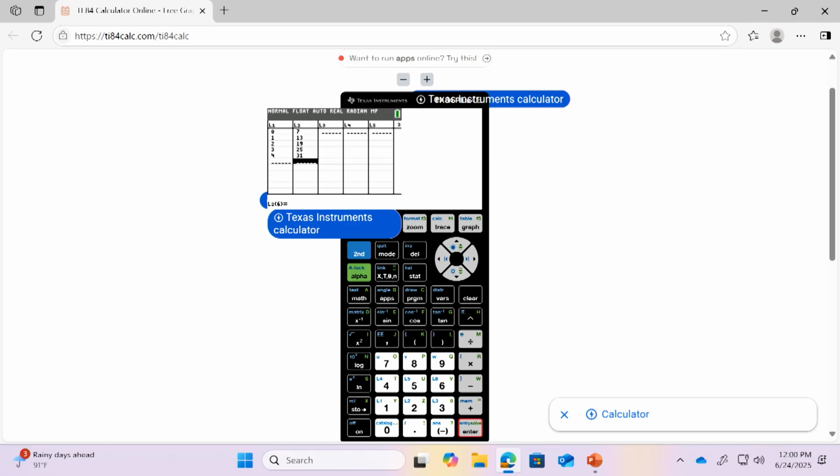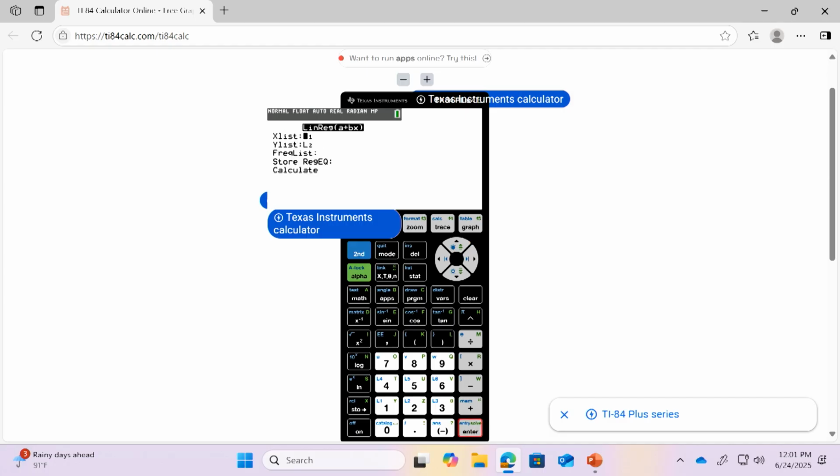So the next thing I'm going to do is go second quit, and go back to Stat. Now I'm going to scroll to the right and go to Calculate. Now, these are the different types of regressions and variations that we can find in this calculator. We've already found out that this is a linear equation, so I'm going to go down to my linear regression, which is number 8, and I'm going to press Enter.